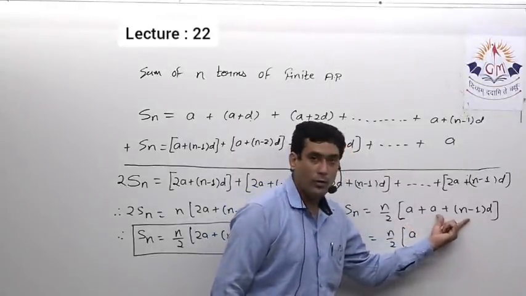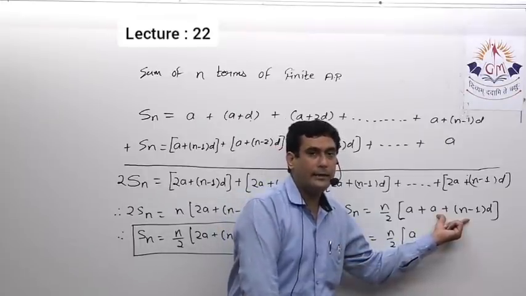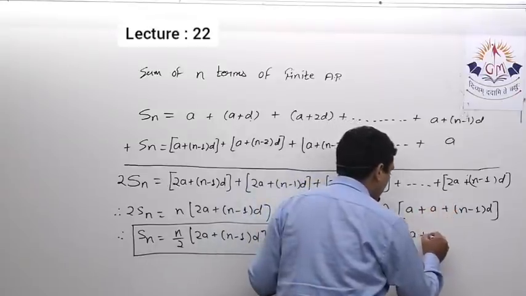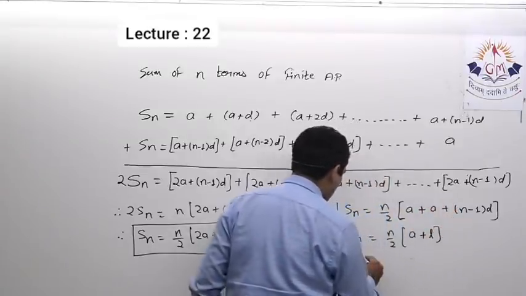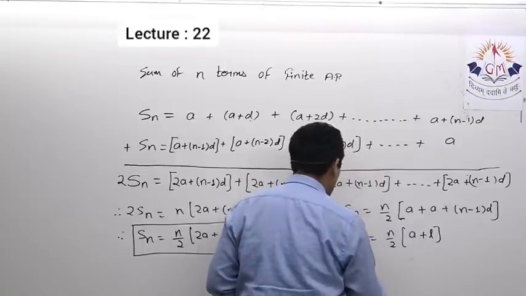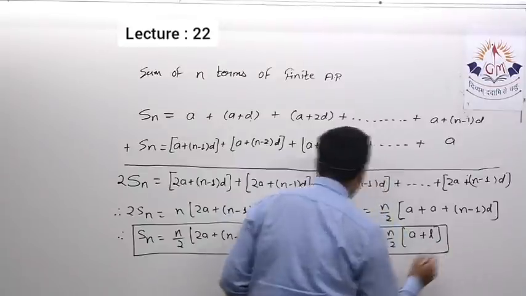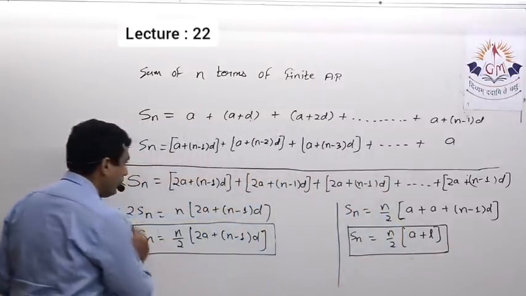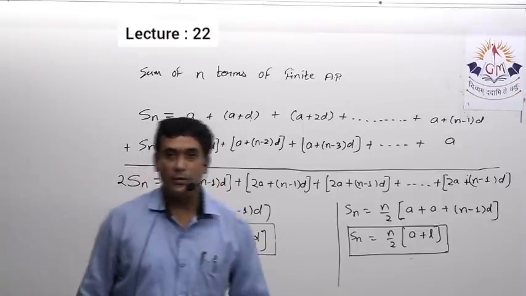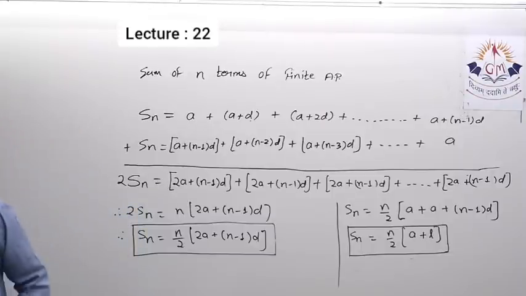As the AP has exactly n terms, the nth term will be the last term, so I can replace this by l. So this is also a formula: Sn is equal to n by 2 into (a plus l). When the last term is given, we will use this formula. If the last term is not given, then we will use the other formula. So please note it down, then we will see questions based on this formula.